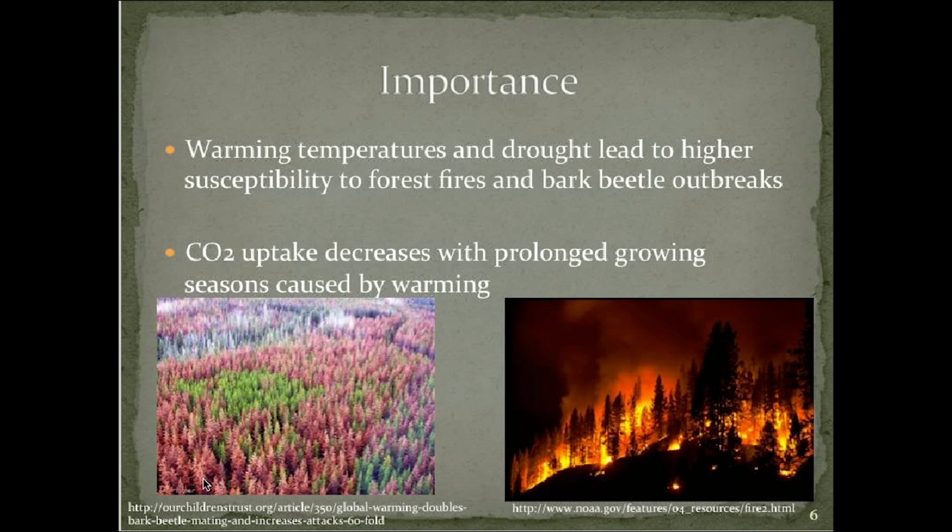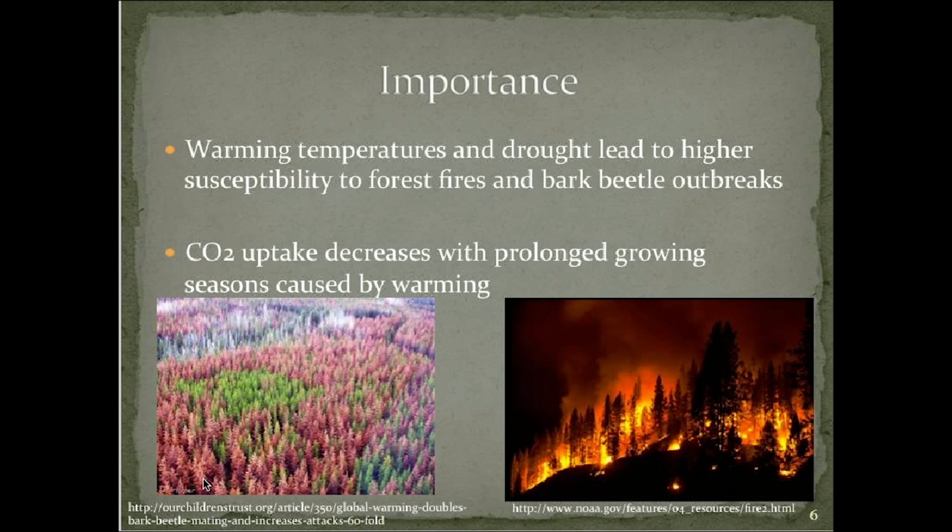I don't know if you were here for Deanna's talk, but she talked about moving ecosystems. As temperatures become warmer, the beetles are able to move into areas they weren't previously able to access, because the trees are dead and they provide a better home for the bugs, essentially. Another risk is forest fires.